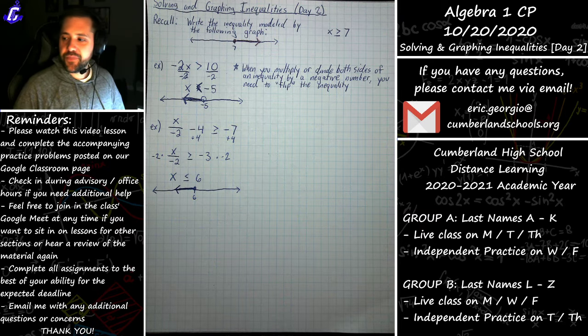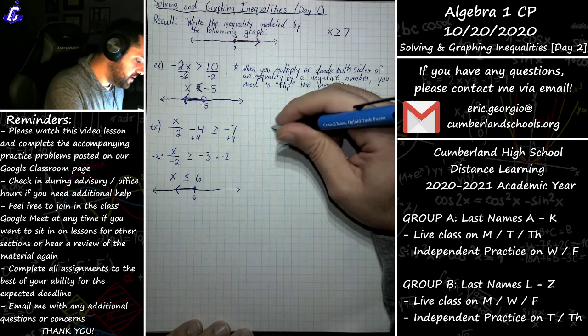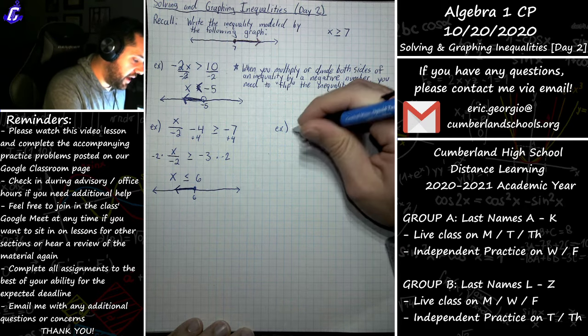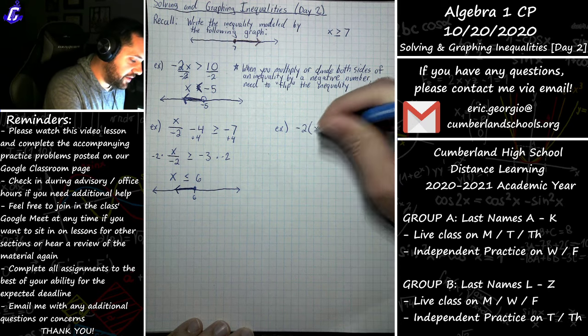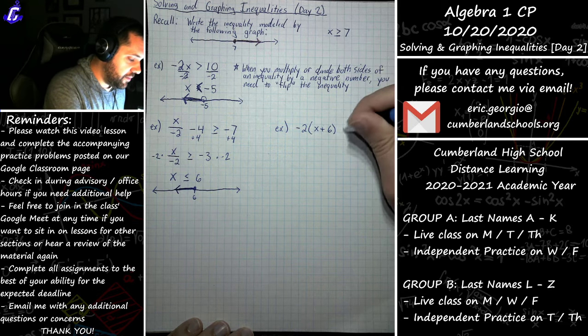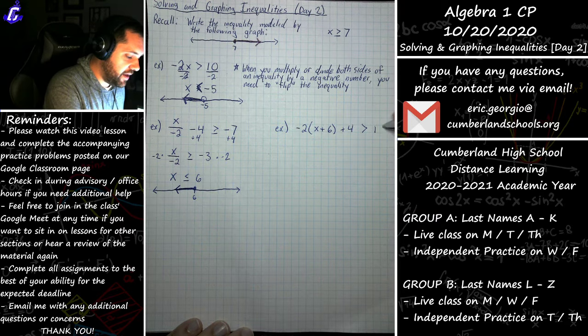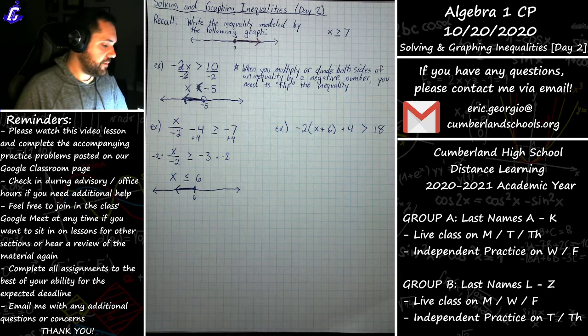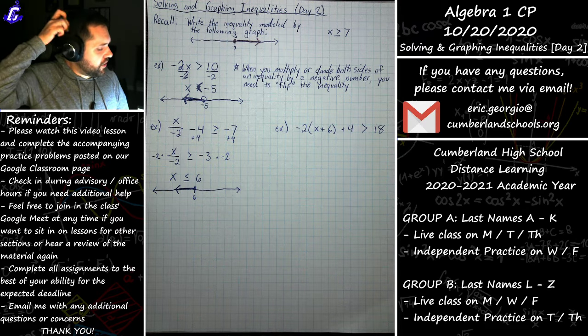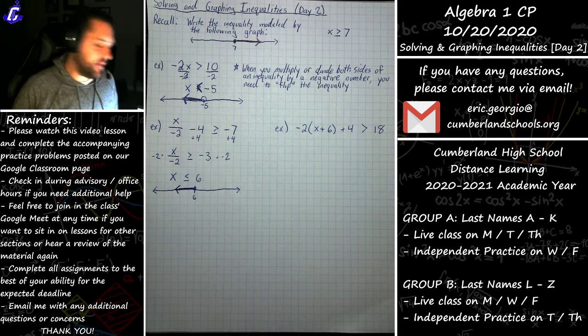All right? Let's take a look at a few more examples. How about something like this? If I have negative 2 times x plus 6, plus 4 is greater than 18. All right? A little bit of distribution going on here, but it shouldn't be very scary at this point.